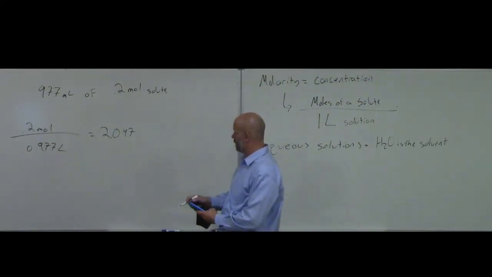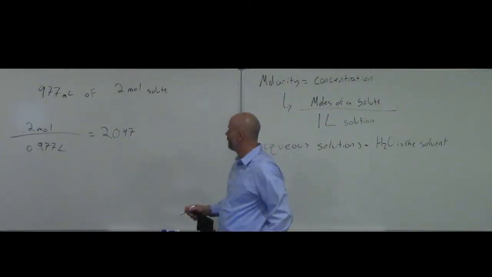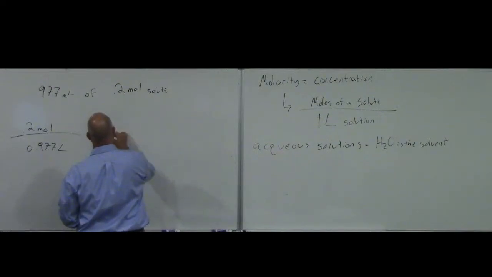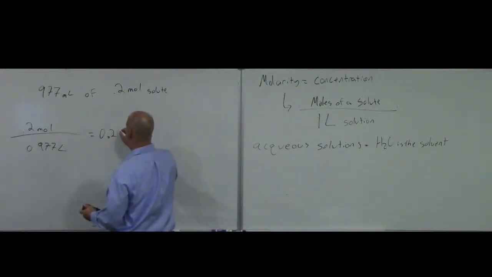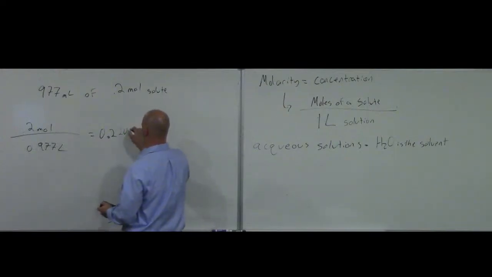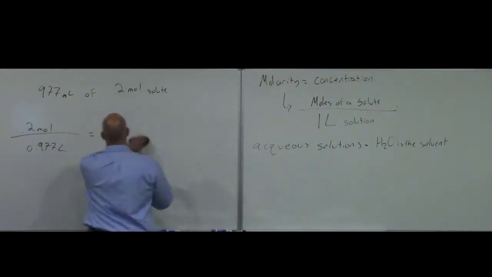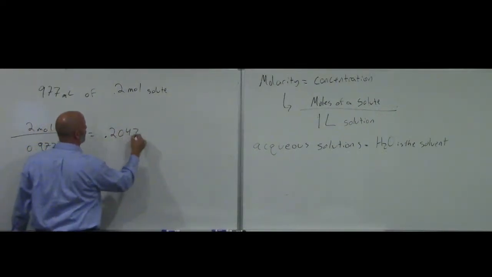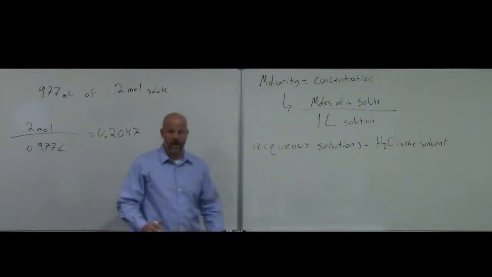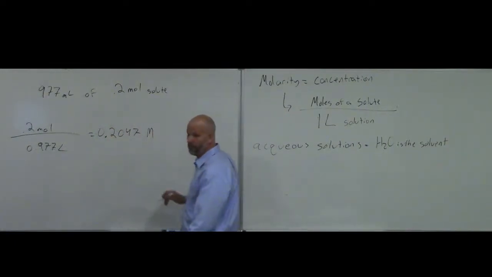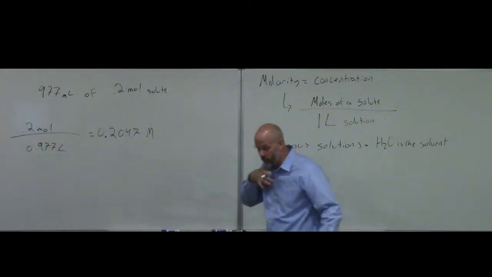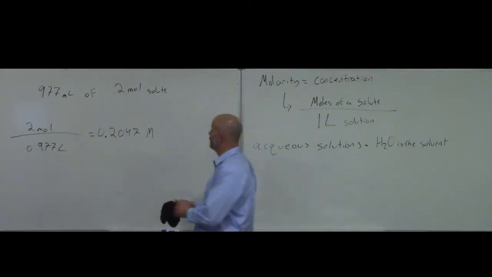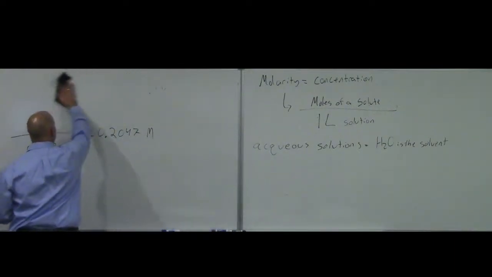I did it wrong. So it's 0.2047. And this would be capital M, molarity, right? It's concentration of moles per liter. Okay, now let's start getting complicated, because these do get complicated fairly quickly.